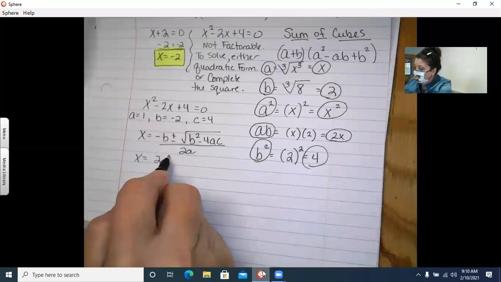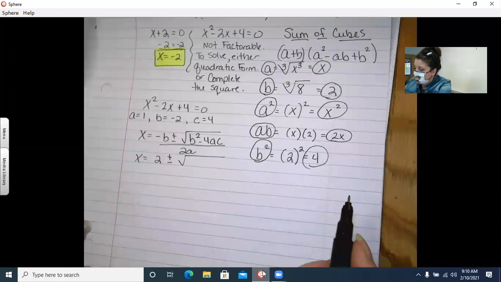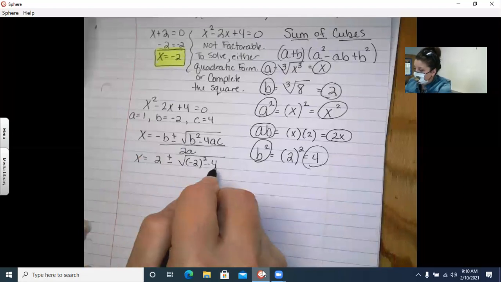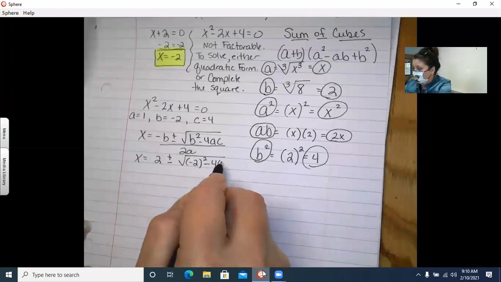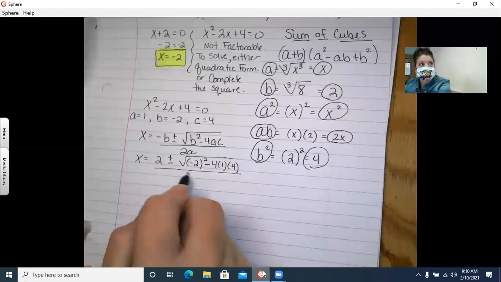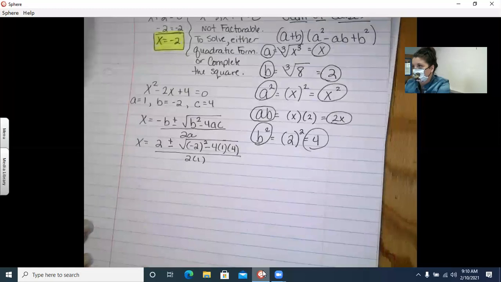Plus or minus the square root of b squared. So b is -2, quantity squared, minus 4 times a is 1 times c is 4, all over 2 times 1. You may have a question so far. This is all review. So x equals 2 plus or minus the square root of. What is -2 quantity squared?